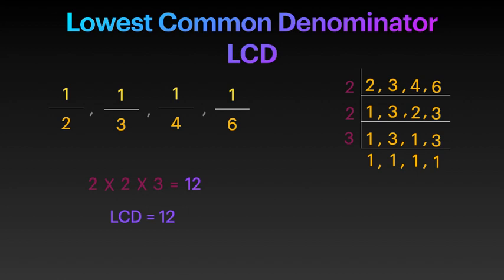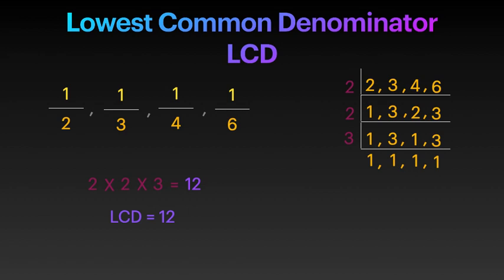2 inside 2 is 1. Now we write down quotient 1 below 2. Next 3. This is not divisible by 2, so we write down the same 3 below it. Our next number is 4.